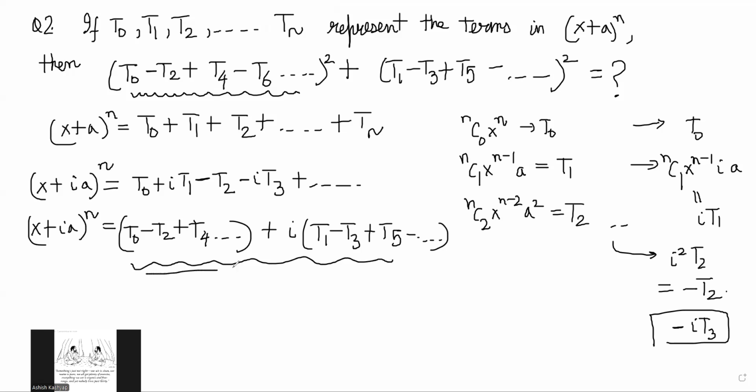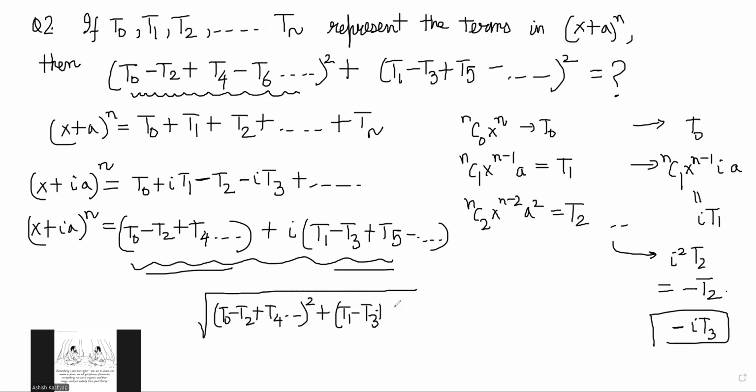Notice that this right-hand side is a complex number, and the modulus of that complex number would be the square root of (t0 - t2 + t4)^2 plus (t1 - t3 + t5)^2. We need the square of the modulus of this complex number, right? So what is the modulus of this complex number? It is (x^2 + a^2)^n, right?